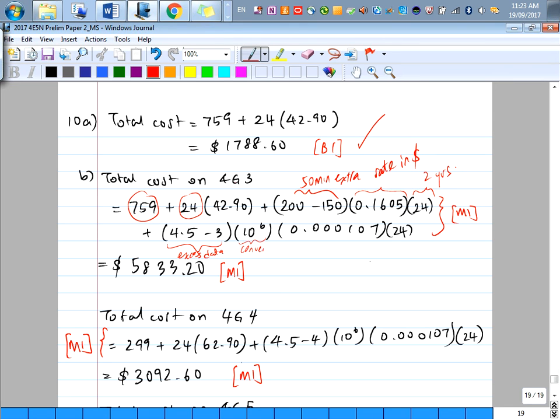Convert to kilobytes from gigabyte. And this over here is the rate in dollars for data access. And we multiply it by 24. Then you get the total price to pay over 2 years.